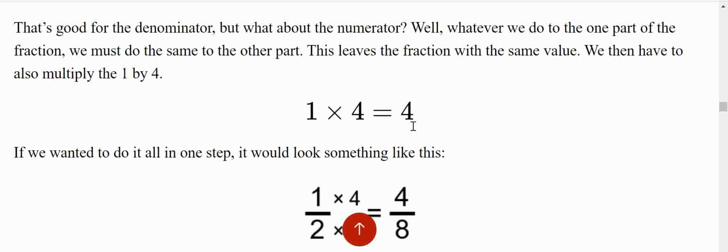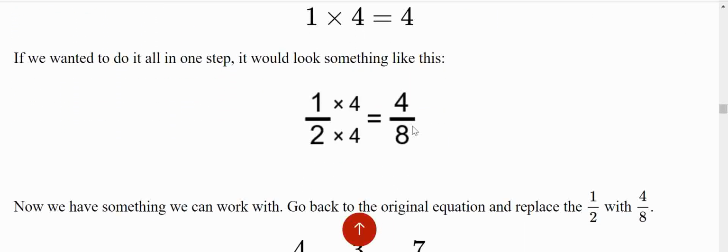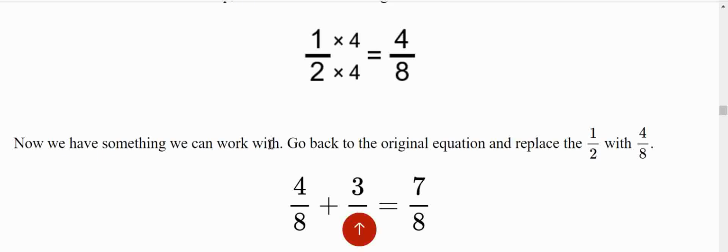If we wanted to do it all in one step, it would look something like this. So you have 1 over 2, times 4 in the numerator and the denominator. That's equal to 4 over 8. Now we have something we can work with.